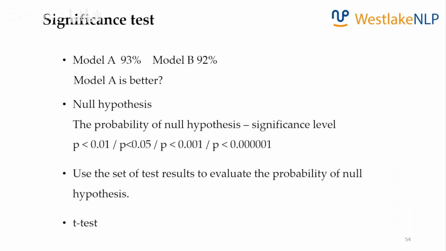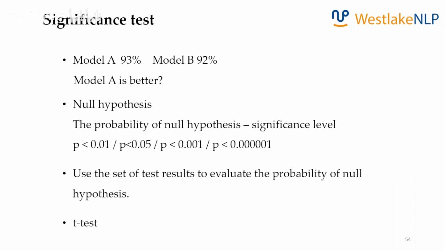Okay, it's only by chance that in the test set, this one is better than that one. So this equal performance assumption is called the null hypothesis. Significance test is a means to estimate the probability of this null hypothesis.